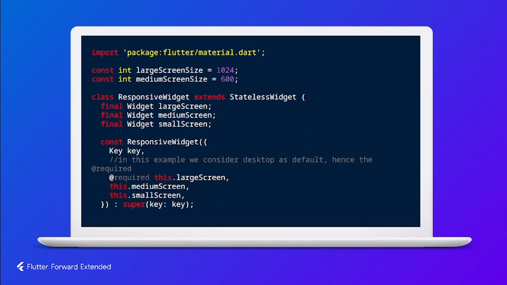It will be able to check if it should be showing a large screen widget, a medium screen widget, or a small screen widget. And in this example, we will consider desktop as a default, hence it will be the required one in terms of finding which one to show. So this is a widget that we will actually be calling in another widget somewhere, and these are the parameters that we will be passing, and large screen will be the default.